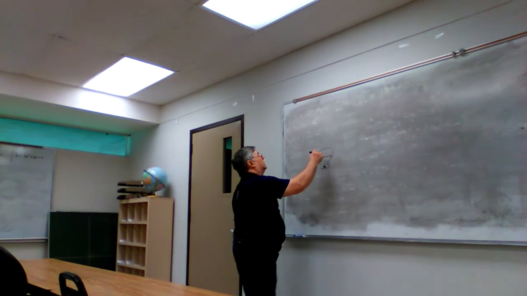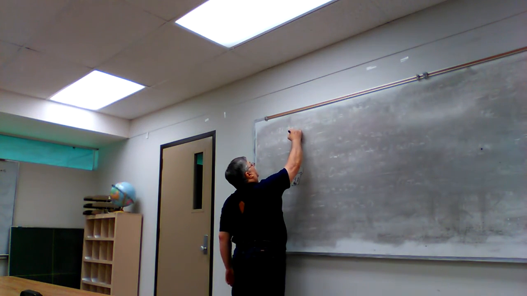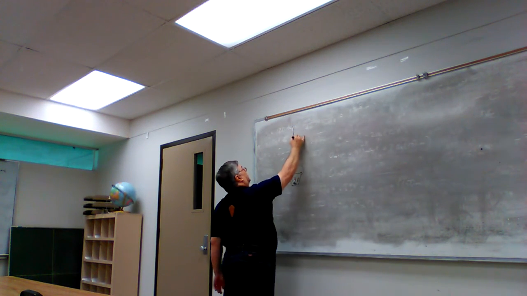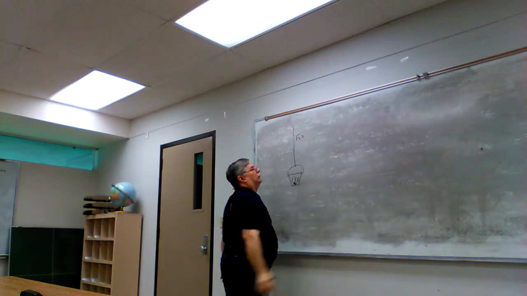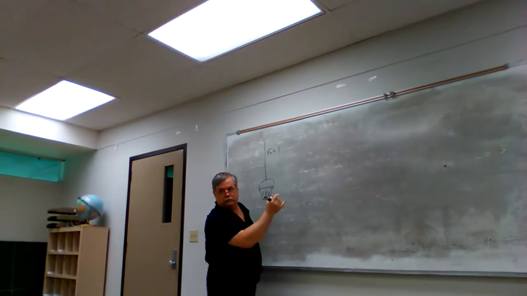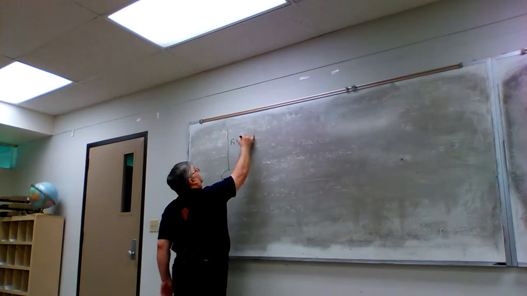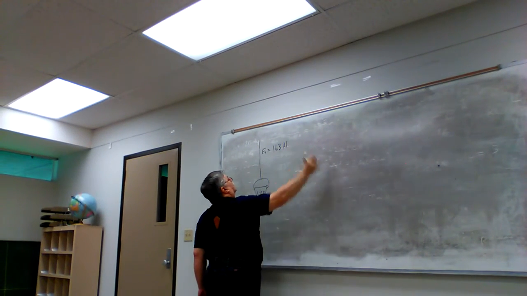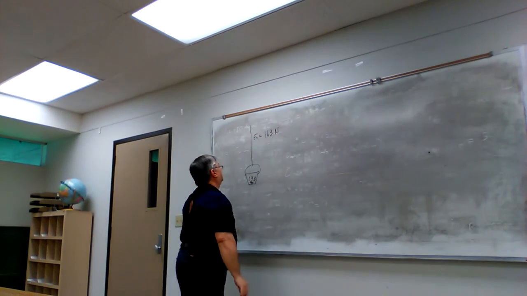Got it. And it's being lowered by a rope. What's the tension in the rope? Say it again. 163 newtons is the force of tension in the rope.